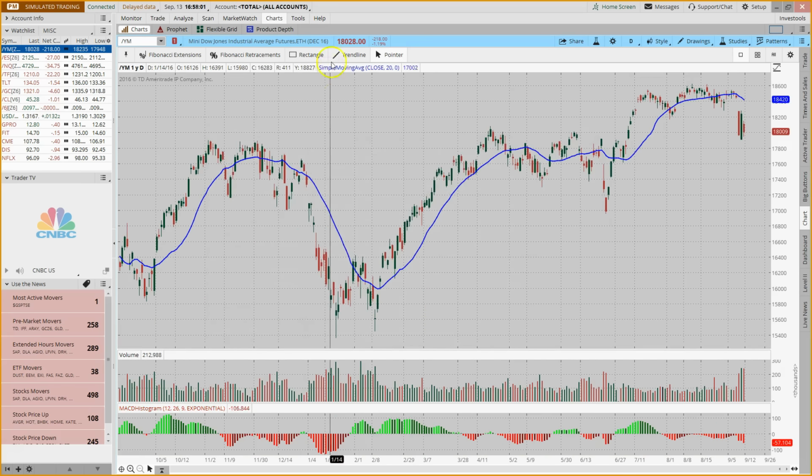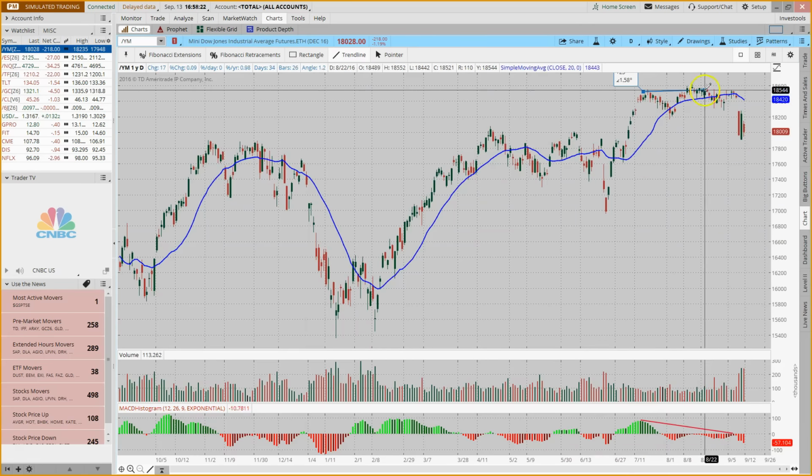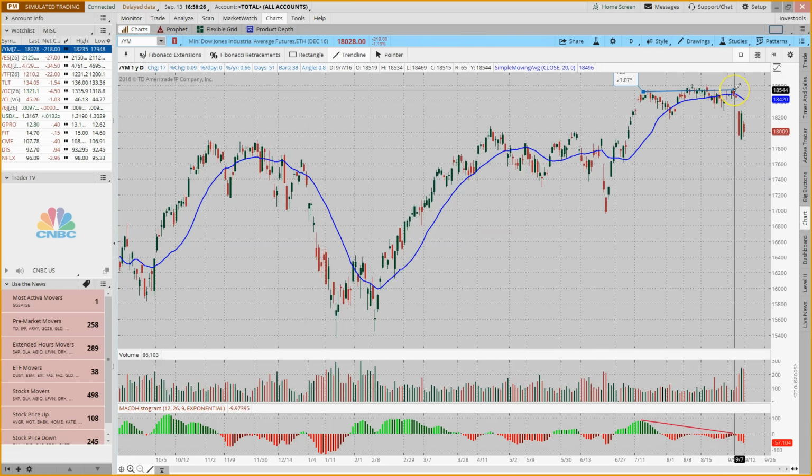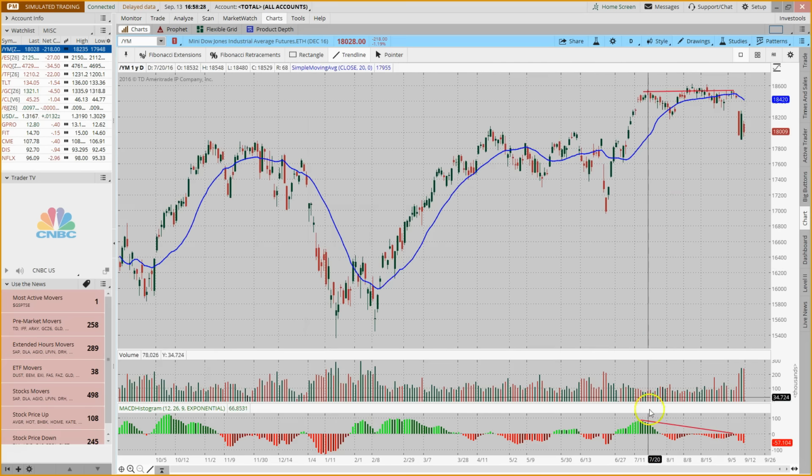And what you want to do is just grab your trend line here. Let's pick the most recent peak here and move down to another most recent peak. If you look at my crosshairs, I'm going to pick the exact same spot up in here and back over here. So look at that.